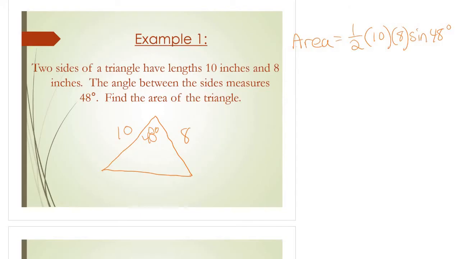So if we go back, this is just area equals 29.7. We'll just round to the tenths. And what are our units? Inches squared. So pretty easy, just a new formula.